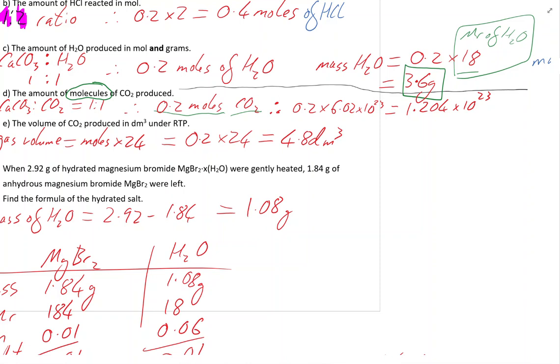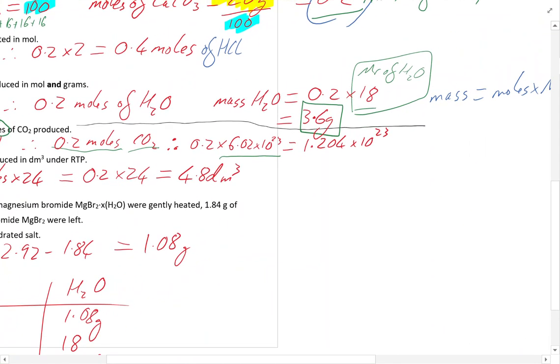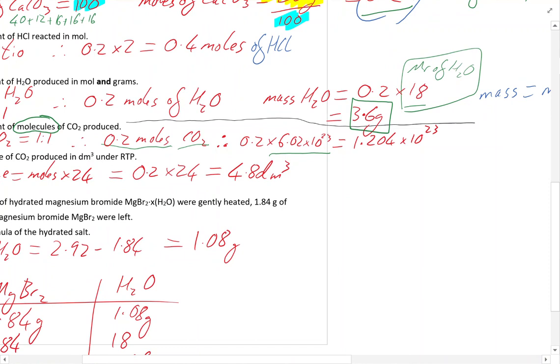But moles isn't a dozen. 1 mole is 6.02 times 10 to the 23. It is Avogadro's number. So for CO2, we have to take 0.2 moles and times it by Avogadro's number, 6.02 times 10 to the 23. And that would give you 1.204 times 10 to the 23 molecules of CO2.